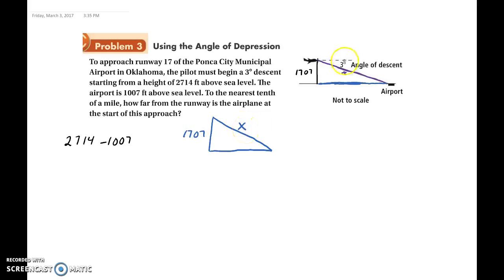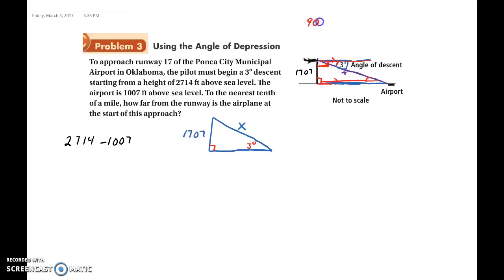Now the problem is this 3 degrees, this angle of descent, is not actually in our triangle. So you can solve for this one of two ways. Since we know that these two lines are parallel, we know that this angle and this angle have to be congruent. So we can then fill in 3 degrees here if we wanted to, or since this is a vertical height and a horizontal line of distance, we know that that's 90 degrees, so it's a right angle, which then means this whole thing is 90 degrees as well.